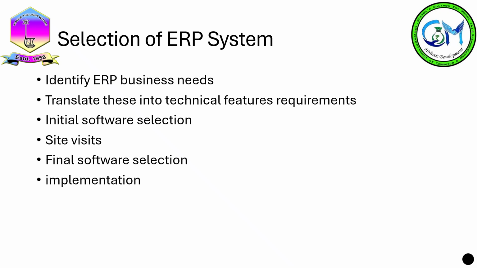So the selection of the most suitable ERP system for the organization contains: identify ERP business needs, translate these into technical features requirements, and initial software selection, then site visits, then final software selection, and implementation of software in the business.